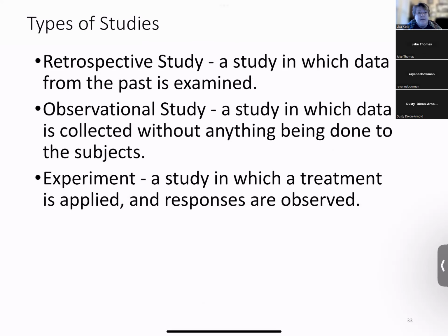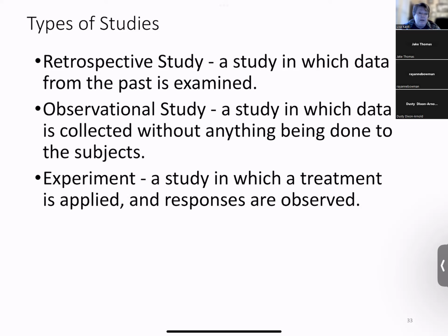Okay, so the types of studies that can be done, a retrospective study, this is done all the time because the data already exists. So the data that was taken, can we look at it in context of another area of interest? And sure, we could do that. So any data that's already been taken that you're examining again, that's a retrospective study.